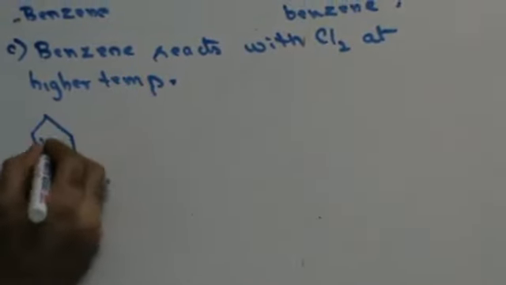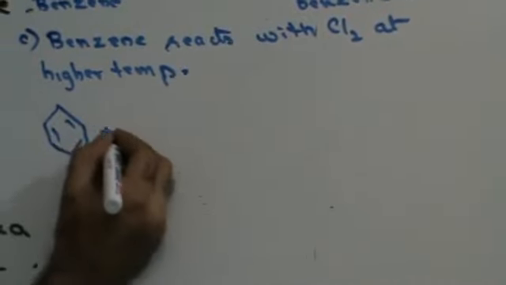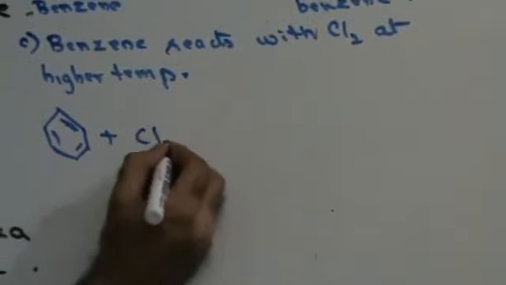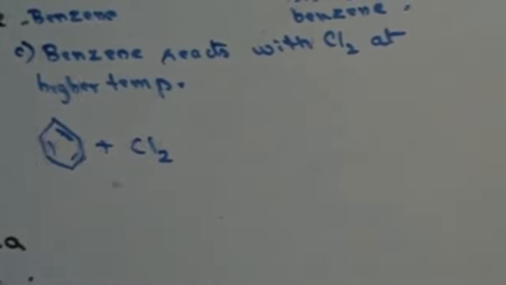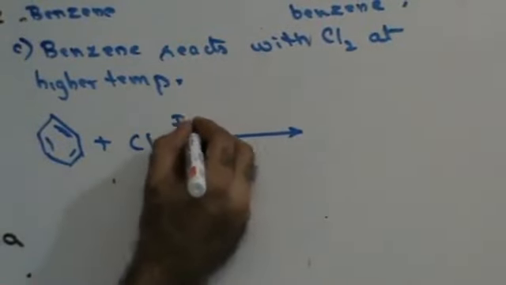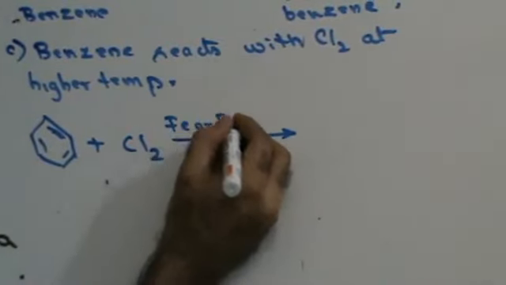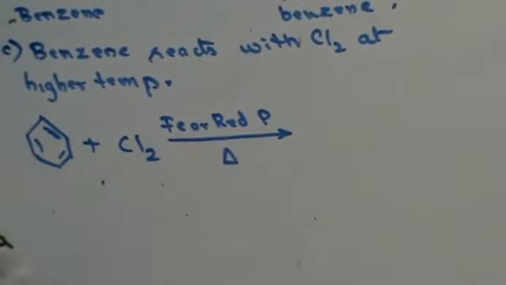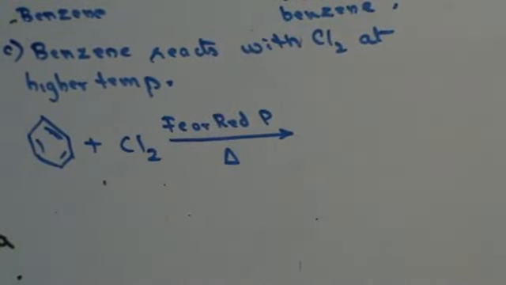Benzene reacts with chlorine. I could draw the double bond this way or just put a circle, either way. Reacts with chlorine at higher temperature. Your catalyst would still remain the same. You would use iron or red phosphorus as catalyst and you would heat the reaction, right?